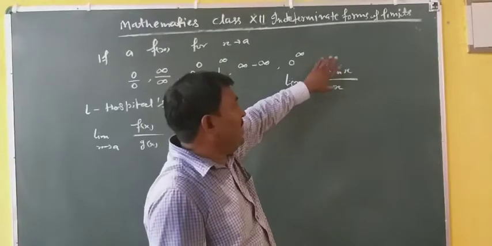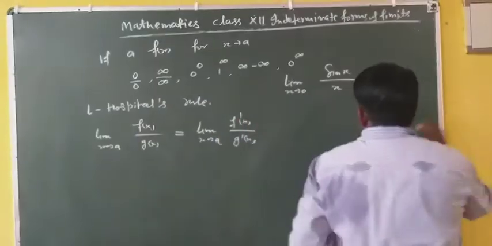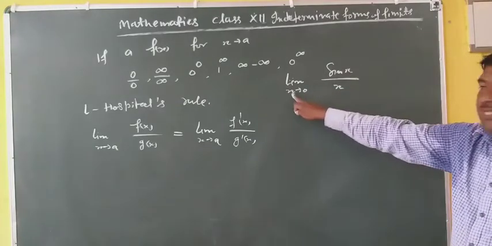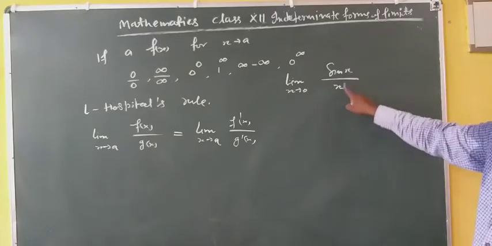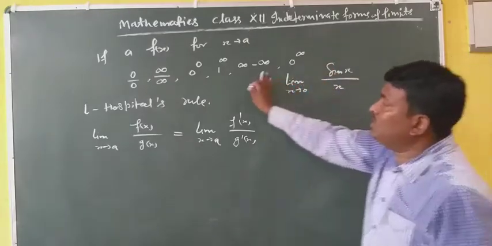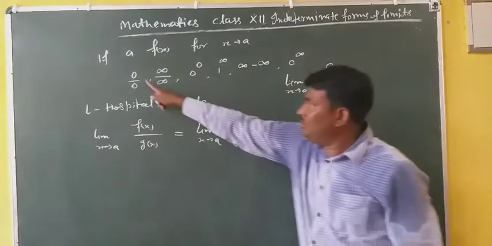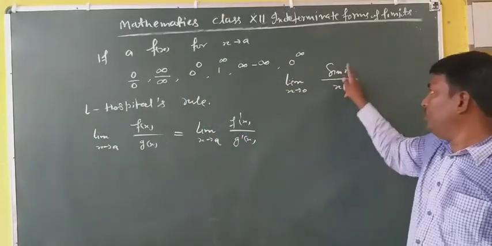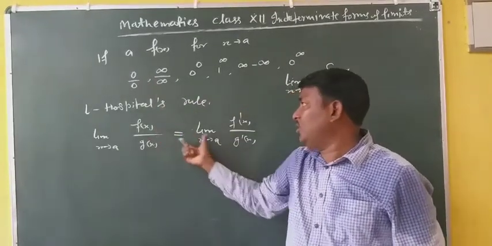If you put x equal to 0 in the numerator and denominator and get an indeterminate form, like sin 0 upon 0, that is 0 upon 0 form, then you can apply this L'Hospital rule.